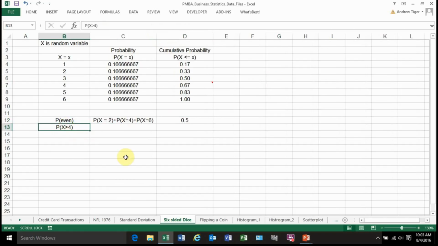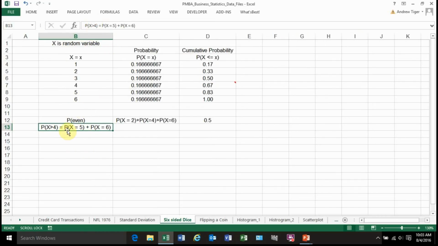What is the probability of rolling and getting a number that's greater than or equal to 4? Now, there are lots of ways to approach this. This is the probability that x is equal to 4 plus the probability that x is equal to 5 plus the probability that x is equal to 6. That's the easiest way to think of it, so that's going to be 1/2. Here's another way I want you to think about it. This is important.